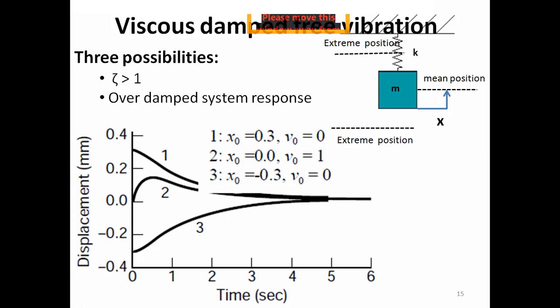So if we increase the damping in the system further, it would take more time for the system to reach the equilibrium position. As we are increasing the damping in the system, and it is more than critical, the further you increase the damping, the longer it would take to reach the equilibrium position.